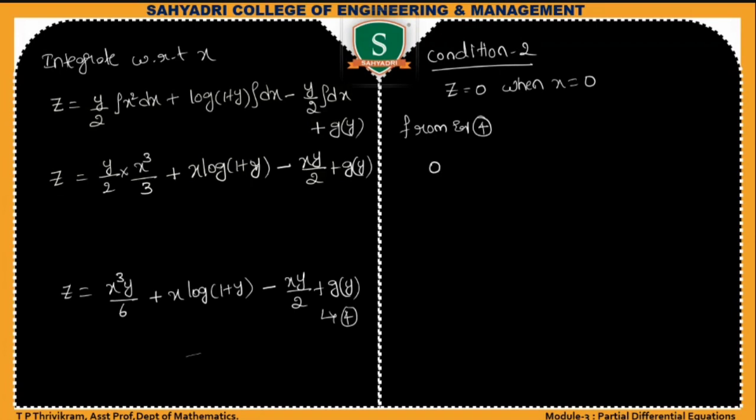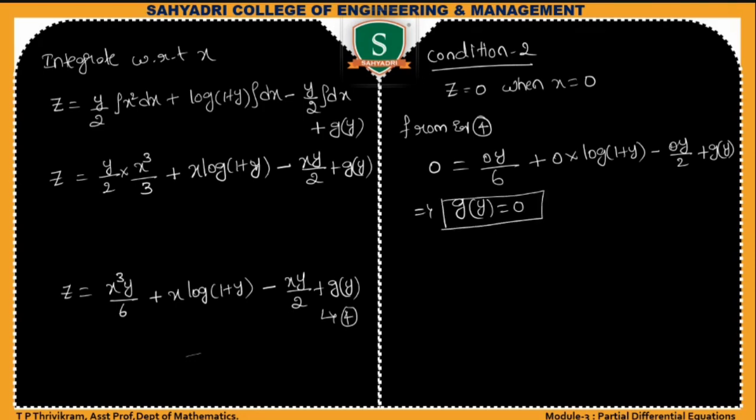The left-hand side is equal to, substituting x equal to 0, 0 into y divided by 6 plus 0 into log of 1 plus y minus 0 into y by 2 plus g of y. This implies all become 0, so g of y is 0.